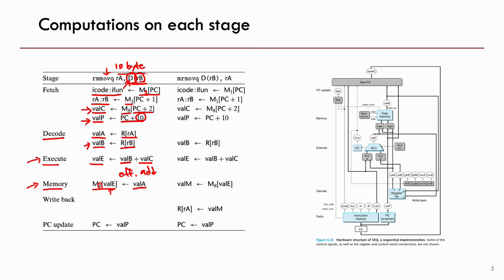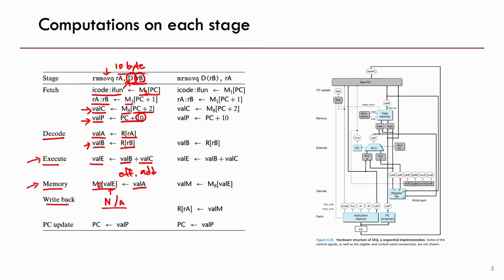And then the next stage is the write back stage. But since the RMMoveQ instruction does not write any data to a register, there's nothing to do in the write back stage. So let's move to PC update. The RMMoveQ instruction does not change the PC value.